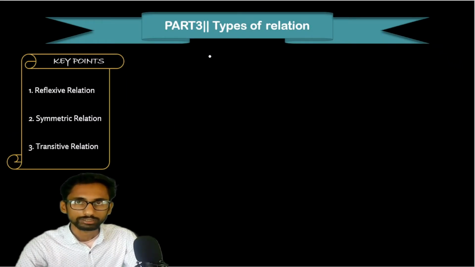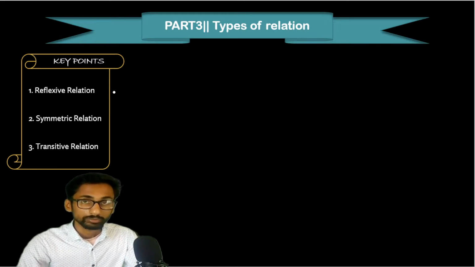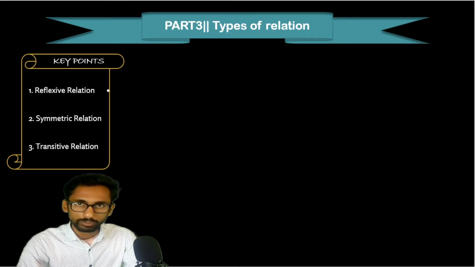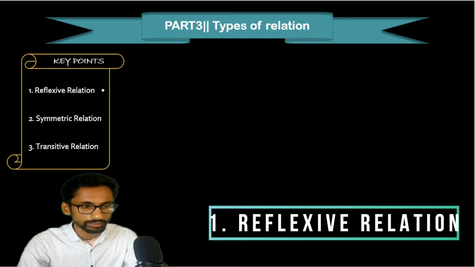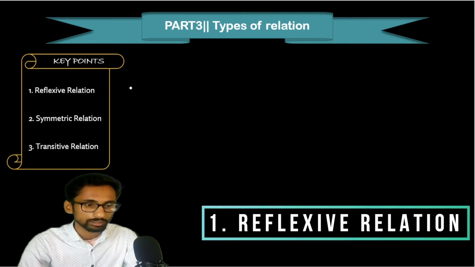In part 3, we are going to discuss types of relation. This is the most important part of this whole subunit. You are going to face most of the questions from this part 3. So first type of relation is the reflexive relations.